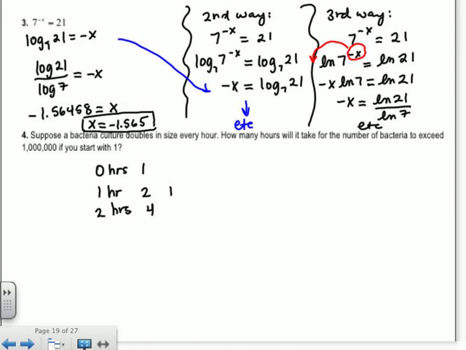So this one was 1 times 2 to the first. This one's 1 times 2 to the second. This next one's going to be 1 times 2 to the third. Okay, so your formula is your amount after t hours is you started with your principal, which was 1, and the 1 plus r is 2, raised to the t.